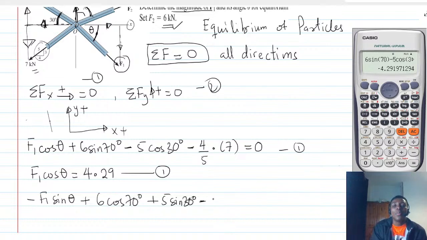So that one is going to be minus what? It's going to be the vertical side, which is 3, divided by what? The hypotenuse, which is 5. Then multiply by what? 7. Is that right? And this should be equal to what? 0. Okay. Equation 2.